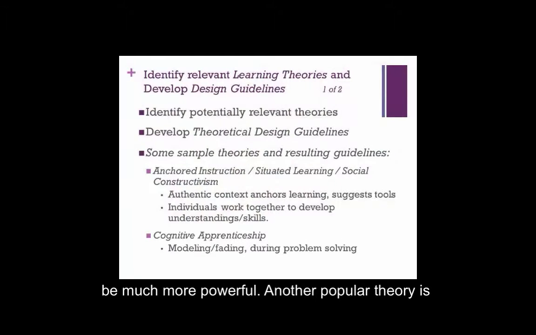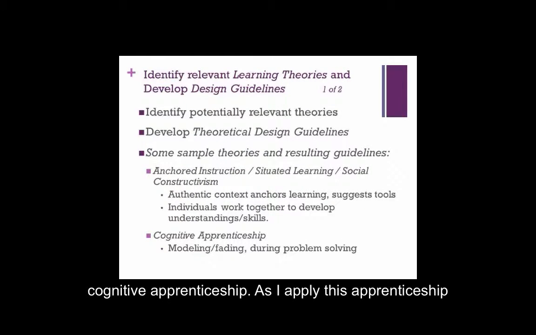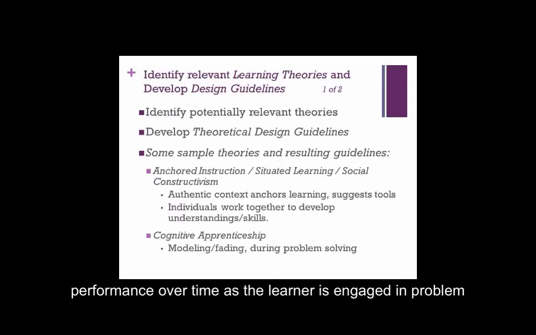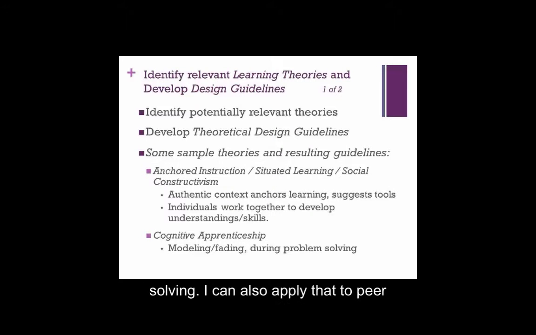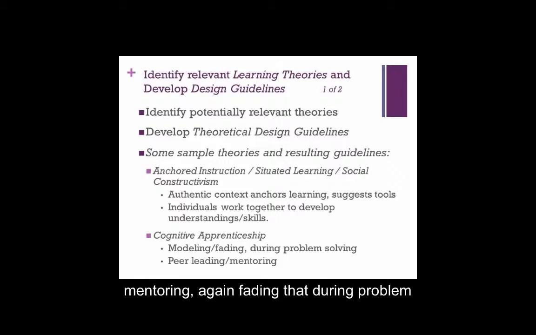Another popular theory is cognitive apprenticeship. As I apply this apprenticeship to design, it means I would have an expert modeling desired performance and gradually fading that performance over time as the learner is engaged in problem solving. And I could also apply that to peer leading and peer mentoring, again, fading that during problem solving over time.